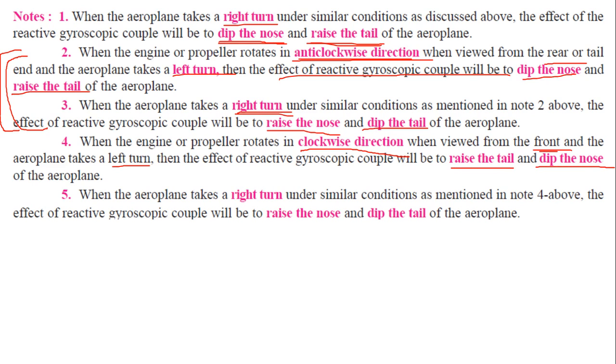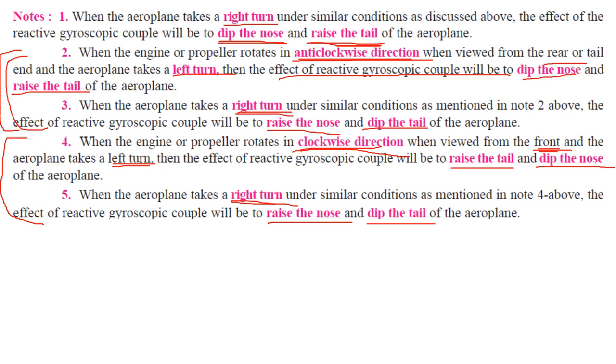Whereas when the aeroplane takes a right turn in the same condition as the fourth case, that means clockwise direction viewed from the front side, the gyroscopic couple will raise the nose and dip the tail. So this condition is for the clockwise direction viewed from the front, but this is the left turn and this is the right turn.